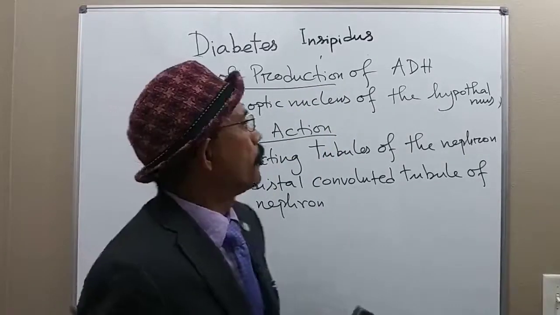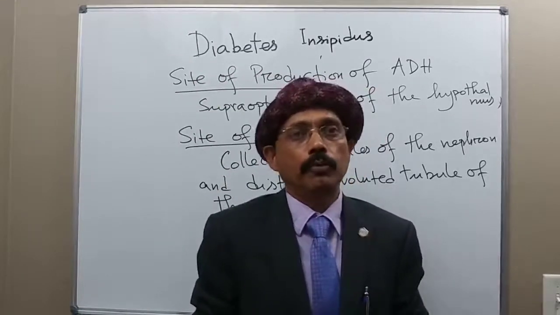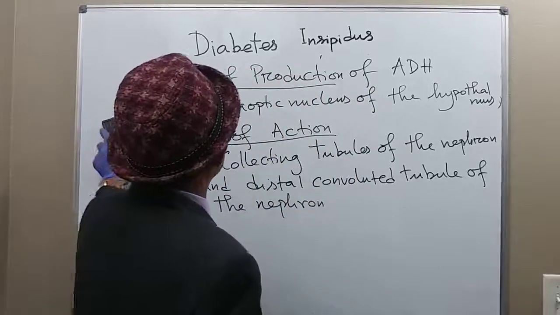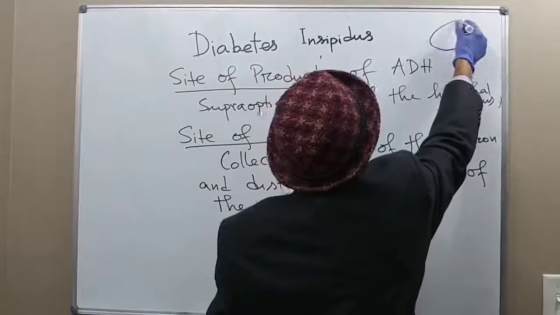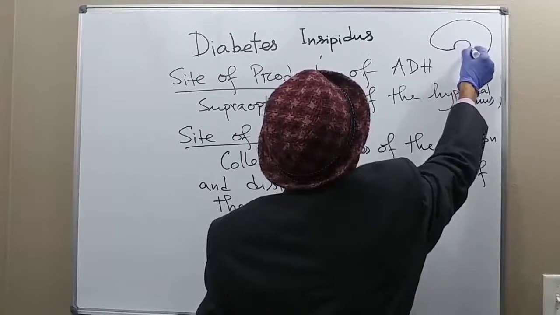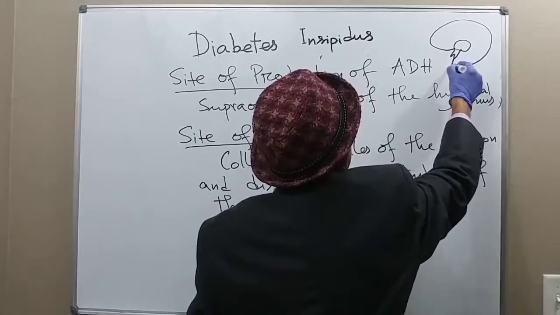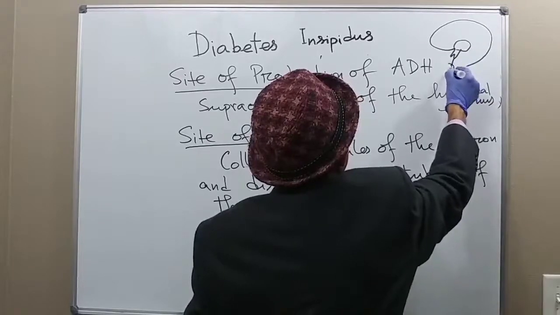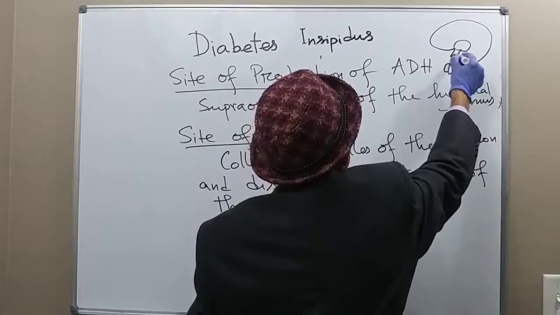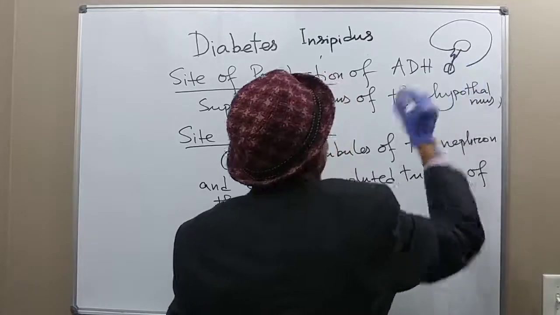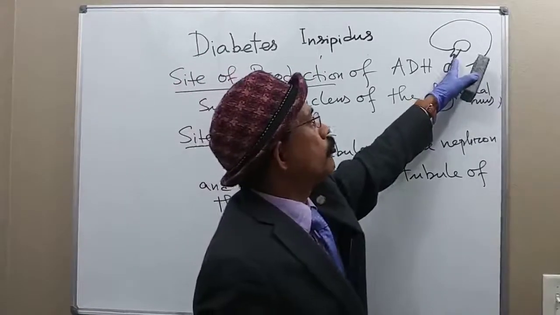It is produced from the supraoptic nucleus of the hypothalamus, but it is stored in the posterior pituitary. If this is the brain, this is the thalamus, this is the hypothalamus, then we have the posterior pituitary here and the anterior pituitary here. From the hypothalamus, the axon ends go to the posterior pituitary gland through the pituitary stalk.